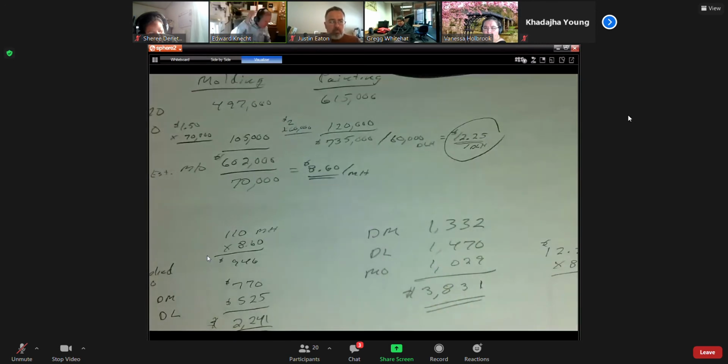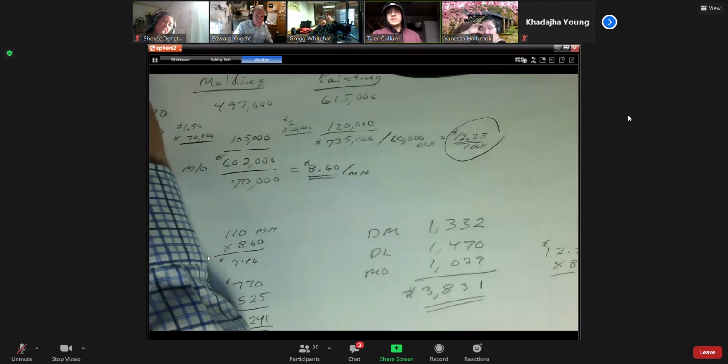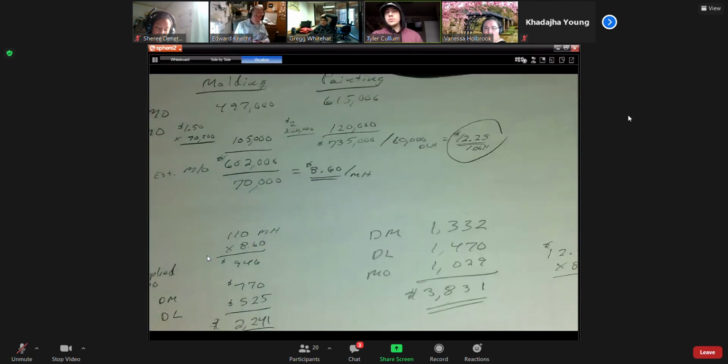Okay, quick question. For number 2, it says compute the total overhead cost applied to job 205. Wouldn't the number actually come out to 1,975, because we're just taking those two overhead applications and combining them? The 3,831 would be the total manufacturing cost for that department rather than the overhead applied. Is that correct? Yes, you would be correct.